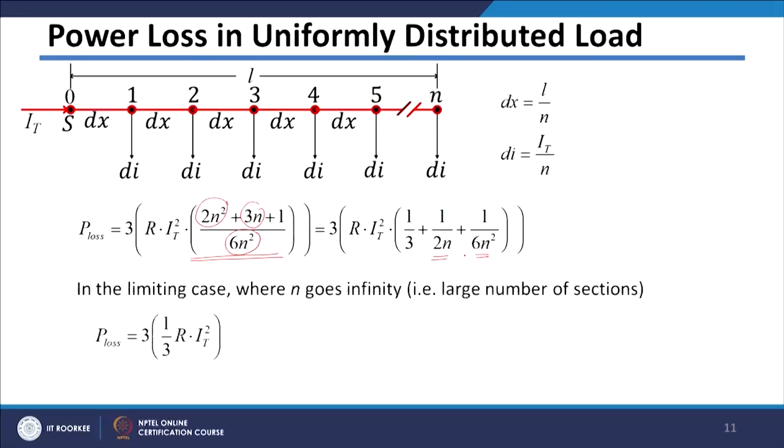Similar to the voltage drop calculation, where we assumed a large number of sections, assuming a large n value, this term and this term will become negligibly small. In that case, if these two terms are negligibly small, I will get the power loss equation, which is this.